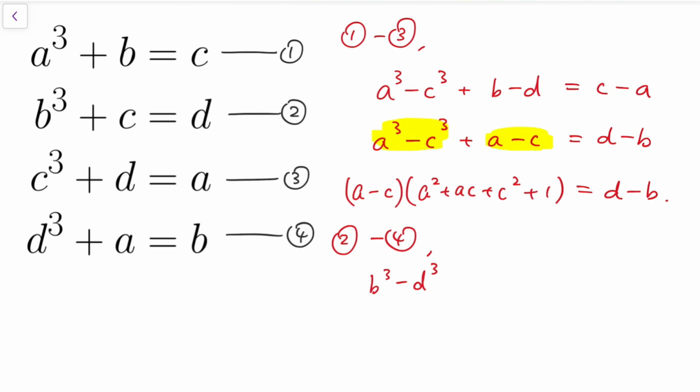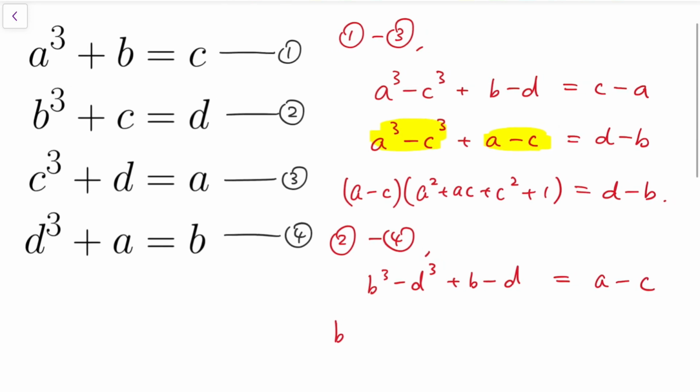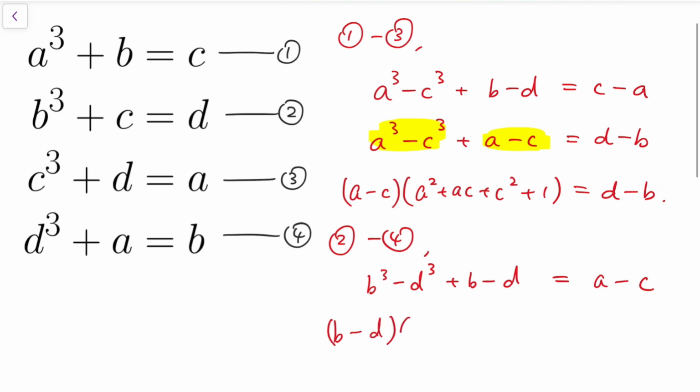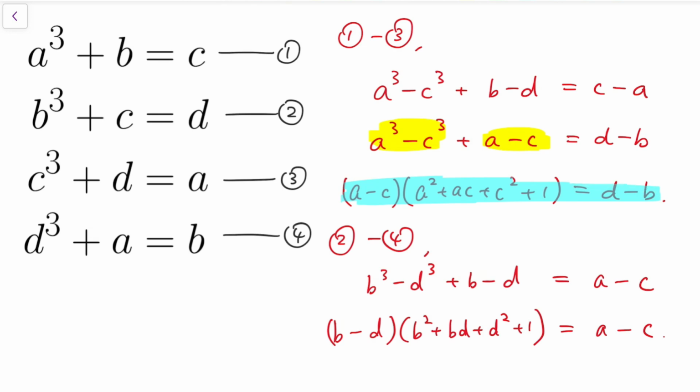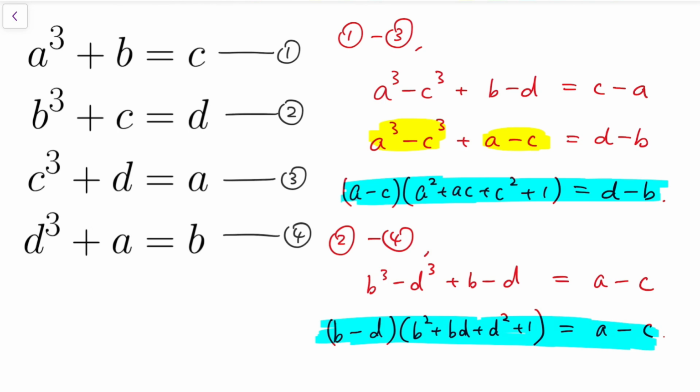And I'm going to do similar things on equations 2 and 4. So we have b cubed minus d cubed plus b minus d equals a minus c. And we have the similar common factor. Now we're going to take a look at these two equations. Inside these two equations, we have both a minus c and something similar, b minus d.